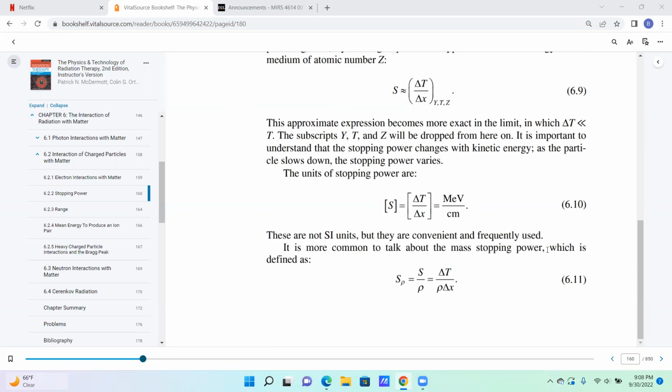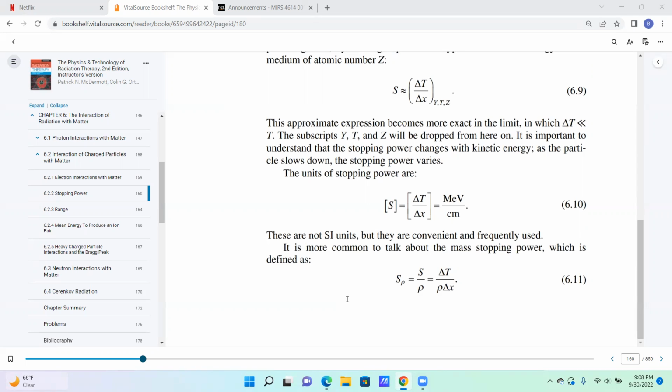A lot of times you'll talk about the mass stopping power. Now remember, when it came to the linear attenuation coefficient, when you divide it by the density, you end up with the mass attenuation coefficient. Same type of principle is going to apply here. We're interested in removing the density dependence that might exist here.